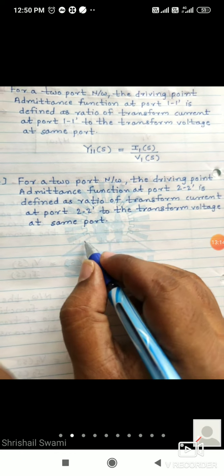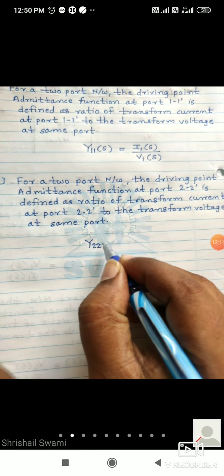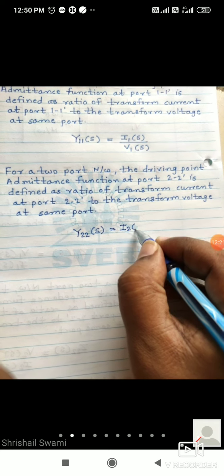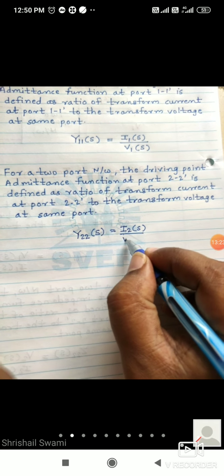So definition and equation will be now Y22 of S is equal to I2 of S divided by V2 of S.